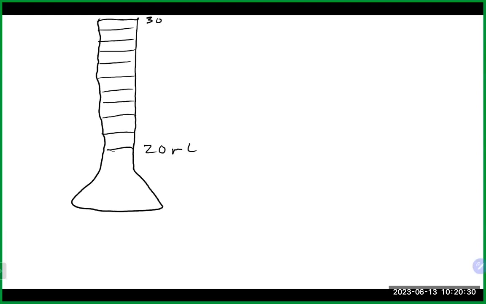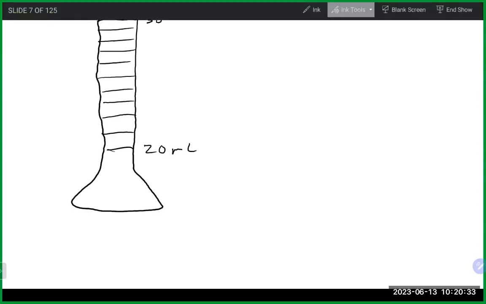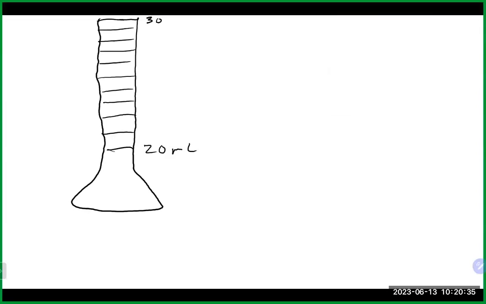Do one more there. So we'll call this 20. We'll call this guy up here 30 milliliters. We'll call this a graduated cylinder-ish. We'll throw some liquid in there. The classic blue liquid.